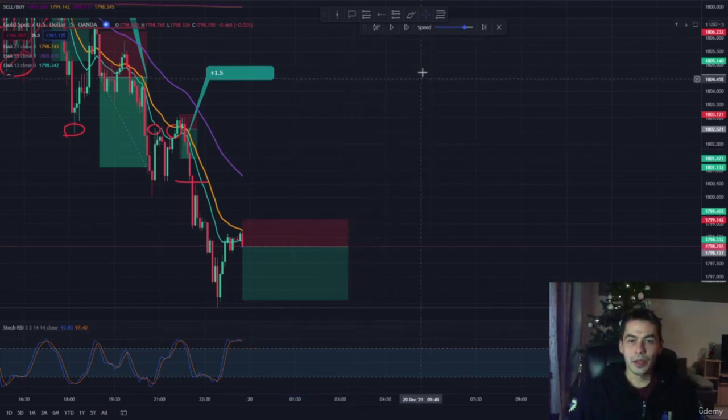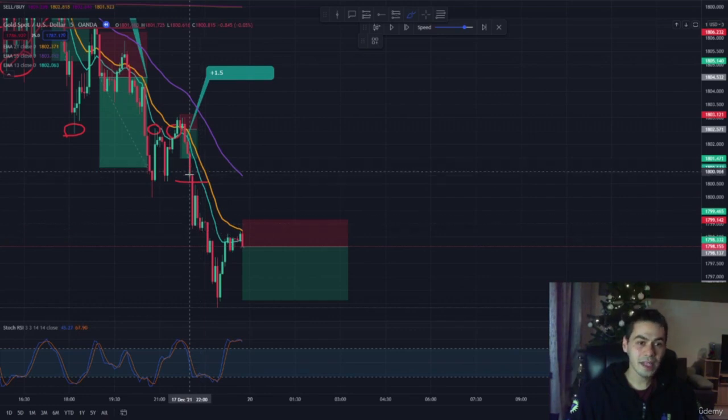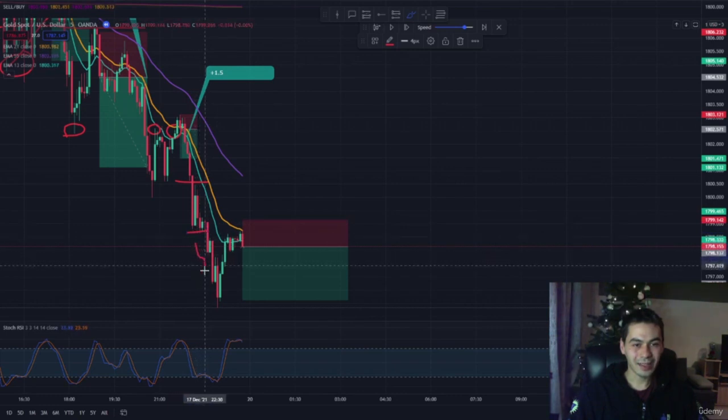Now regarding the market structure and some additional risk that we can add to this trade. You can see that this level held for a bit, then got broken down in more or less impulsive fashion, and then the price halted here again.